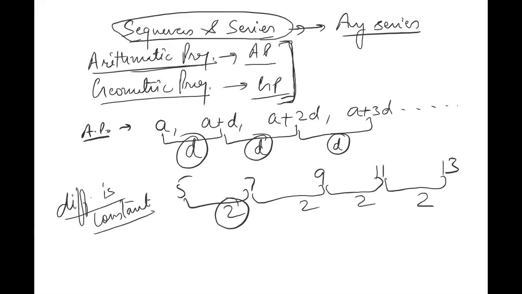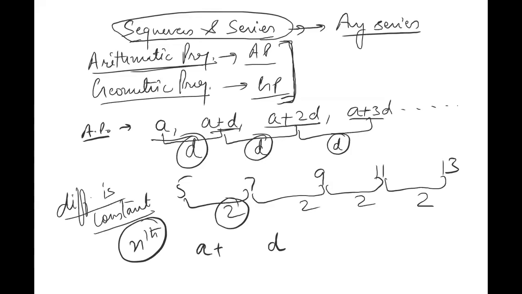So the nth term, if you want to find any like 10th term, 15th term, 20th term, what will that be? Any term is A plus how many D's are getting added to A. That's your any particular term.